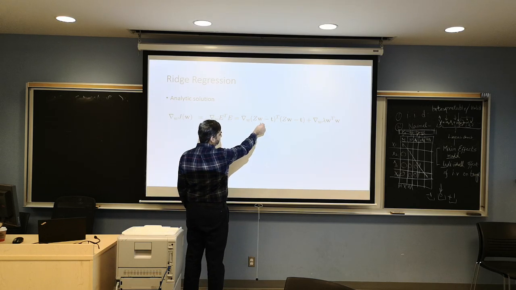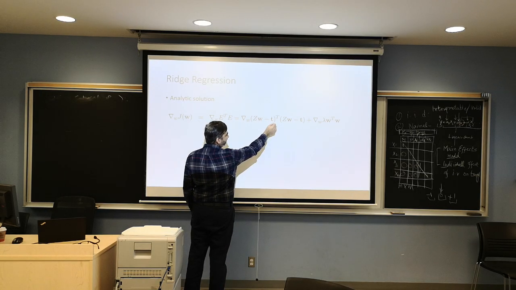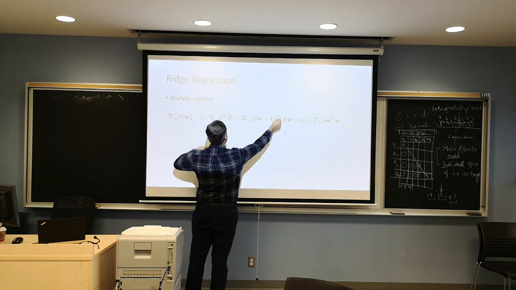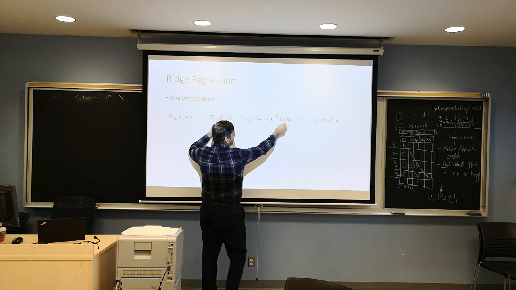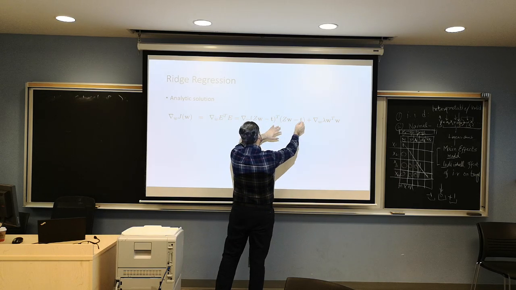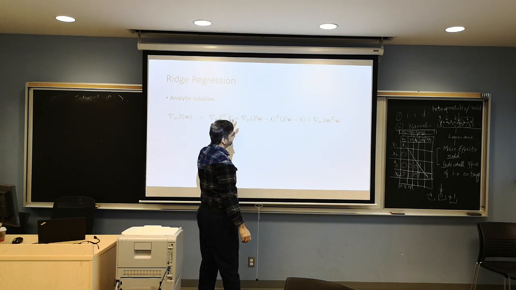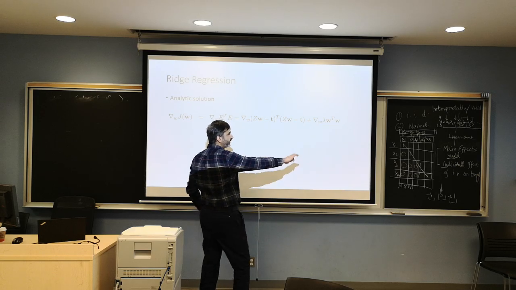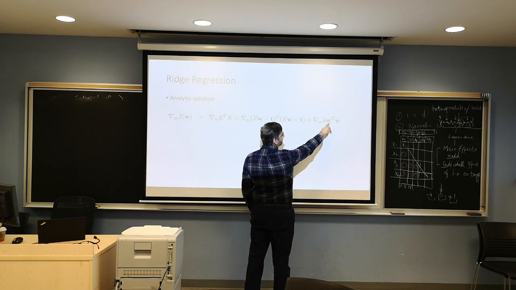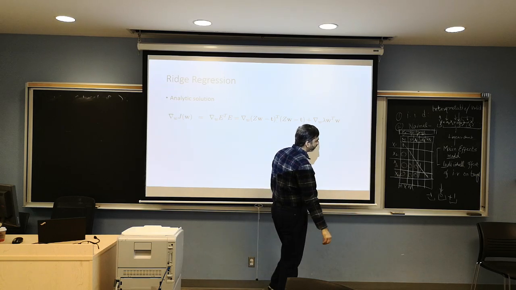your Z matrix of input variables, multiplied by the vector W, minus the target T, is your error. Not squared, transposed, ZW minus T. When you solve this, you get E transpose E, the sum of squared errors. But now, for ridge regression, you are also including this term, W transpose W, which is the L2 norm.